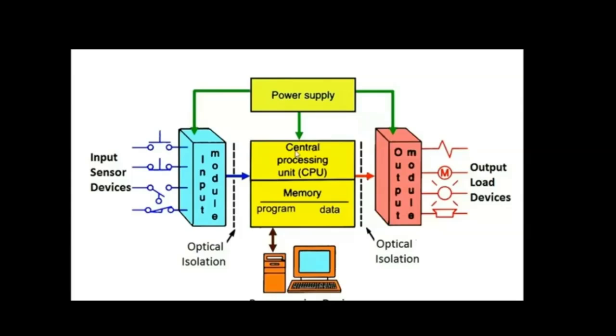So the processor will only process data which is in the form of machine language. Our modules, whether input or output, have the work of converting that data into processor friendly language, right?